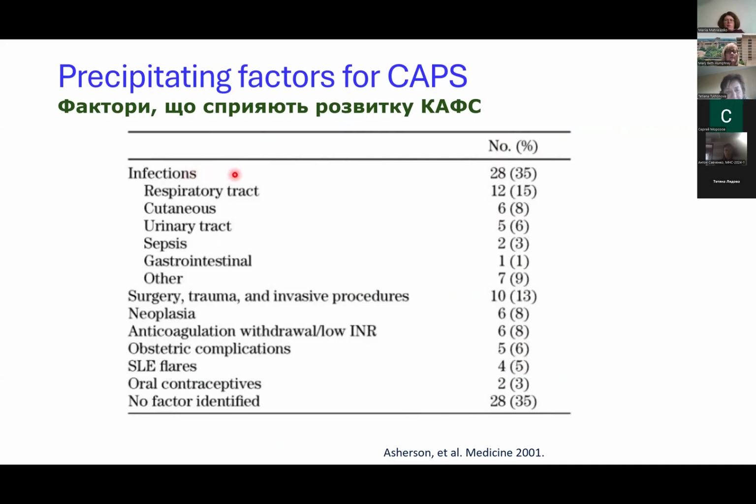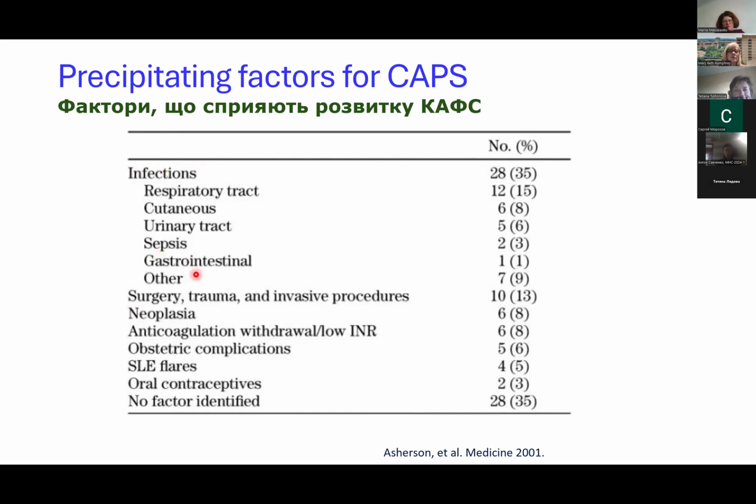So patients, once they have these abnormal endothelial or epithelial surfaces from clots and thrombosis, they can get infections in the respiratory tract, cutaneous, urinary tract. They can actually get sepsis, and then, if they're having bowel infarctions and bowel problems, they can get gastrointestinal infections. Or these are precipitating factors. I'm sorry, I misread my title.